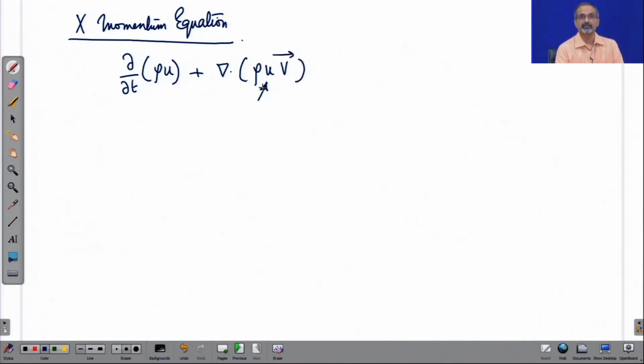Remember that this is a scalar part, small u, the pressure gradient, and if you recall, the viscous forces with an underline here, because that was the form which was inside the volume integral.